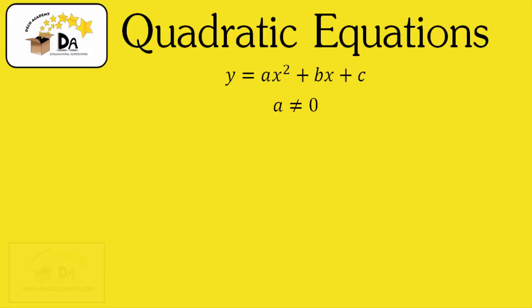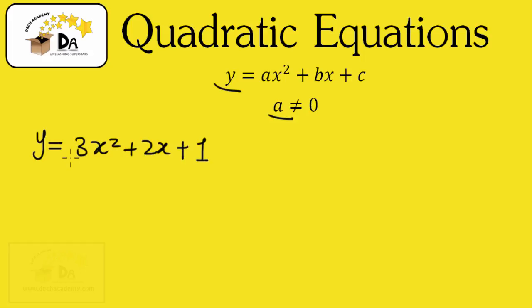So I'm going to give you some examples of equations that are quadratic because they are of this prescribed form, and they satisfy this condition. Okay, let's take the equation y equals 3x squared plus 2x plus 1.